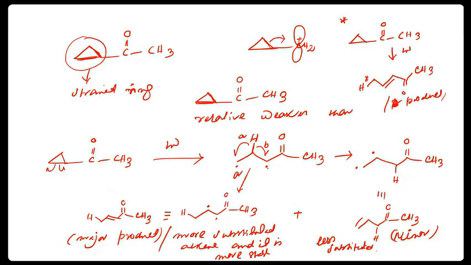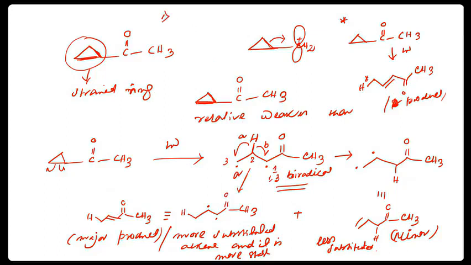If you think about it, let's say this is one, two, three. This is one, this is two, this is three. So a 1,3 biradical. Two things result from the discussion, for assertion type questions.